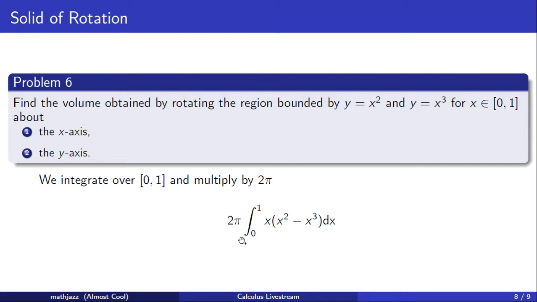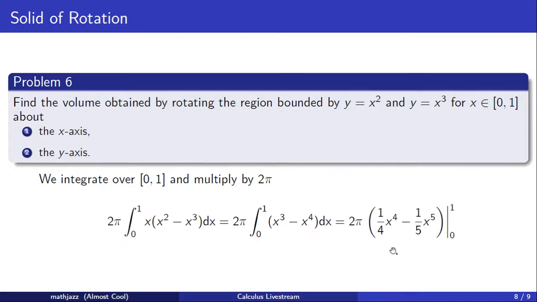So this integral gives us the volume of the solid of rotation. We perform multiplication to simplify the integrand. We find an antiderivative using the power rule on each of the terms.